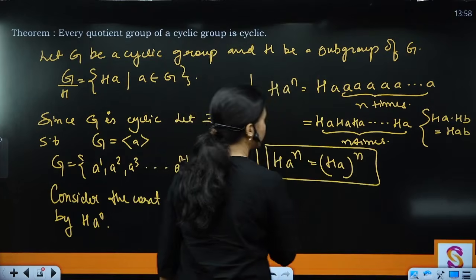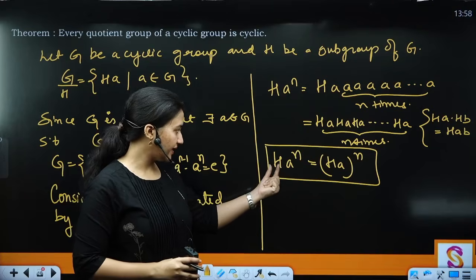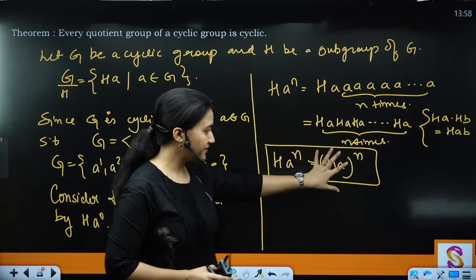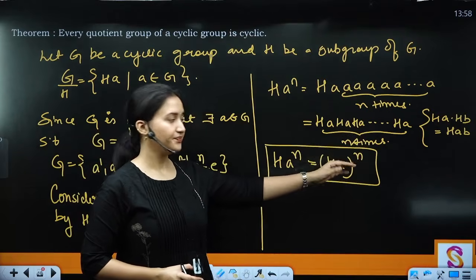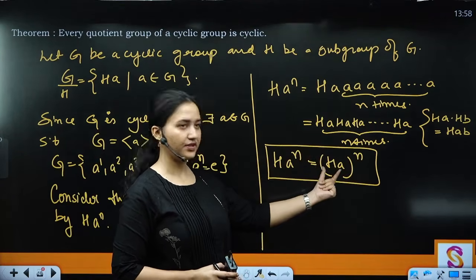Now what does this statement show us? That every coset of the form Ha^n can be generated with the help of an element of G/H, that is Ha.